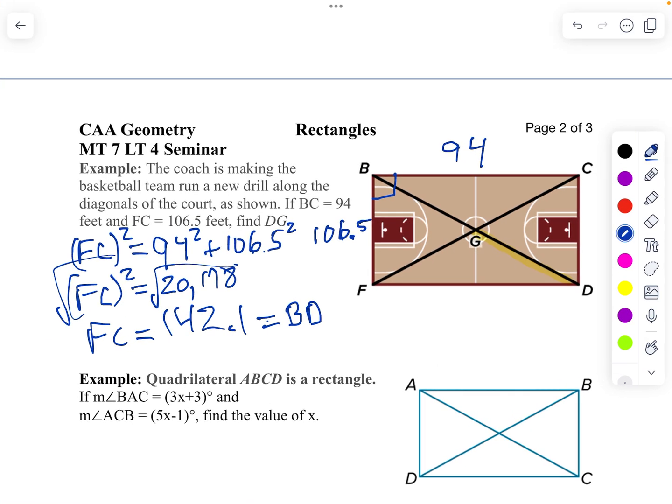So we know D to G is about 71 feet. So if they're running from D to G, they're running 71 feet.